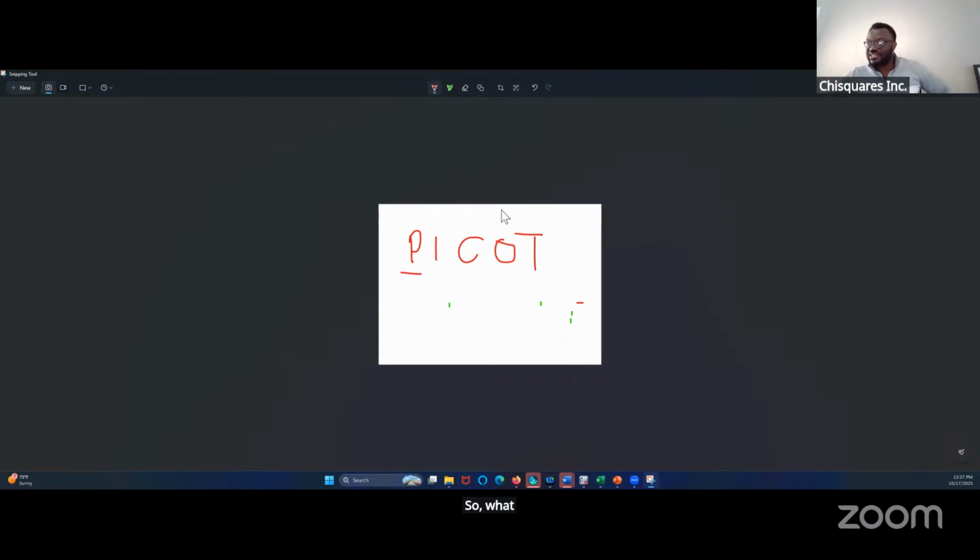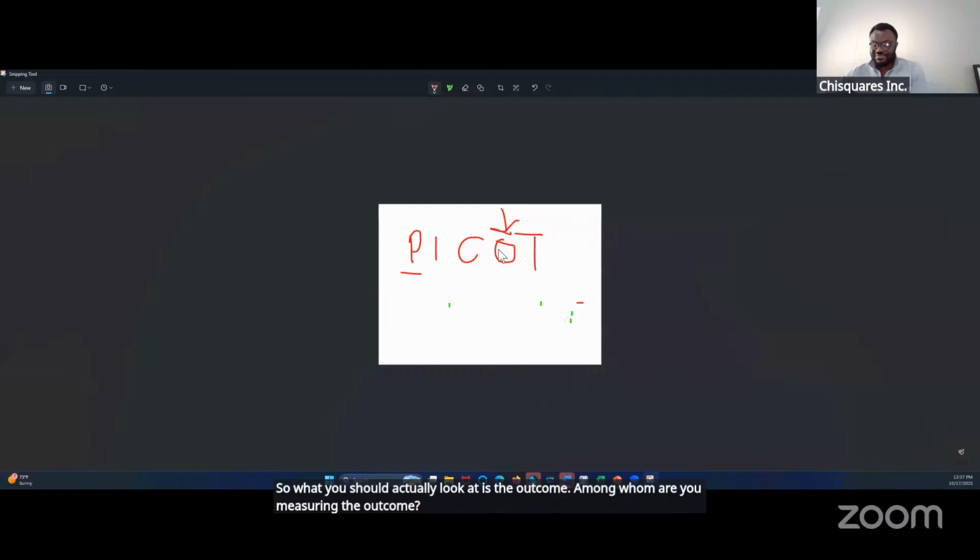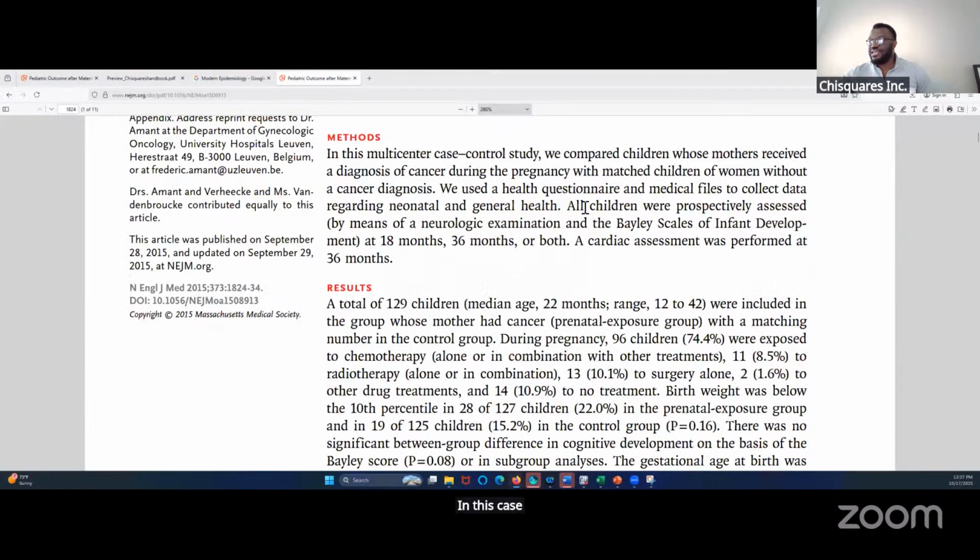So what you should actually look at is the outcome. Among whom are you measuring the outcome? In this case, the outcomes were issues of neonatal health and general health. Among whom? Is it among the parents or among the children? Among the children, exactly. And that's how you reason to figure out what your population is, right?